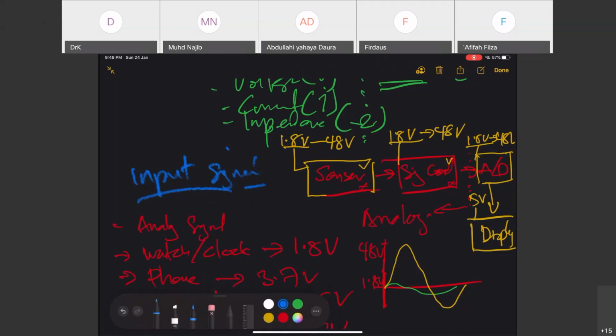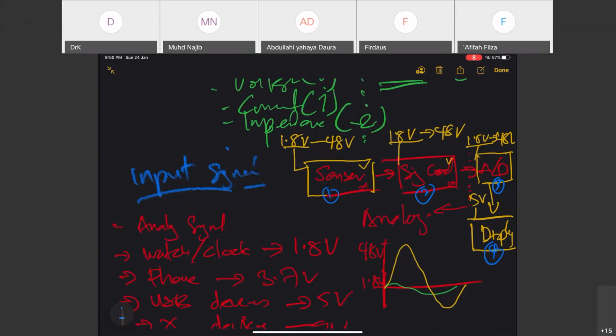All right, so this is, I would say, the range of input signal that you will be dealing with in system of instrumentation as well as data acquisition system. All right, so each of these 1, 2, 3, 4, they have their own operating voltage range, which basically reflects the input signal that you will be dealing with. All right.